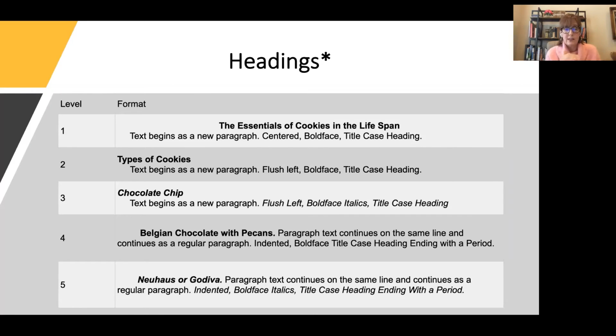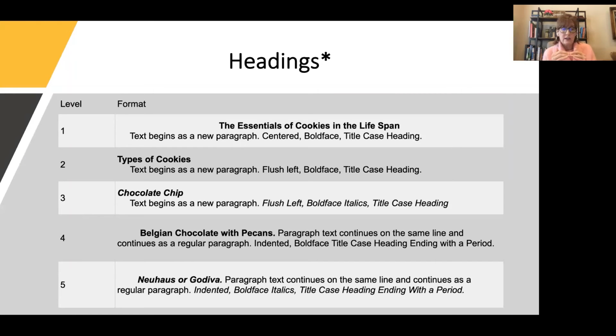A subsection of that would be chocolate chip. Perhaps he would also have in his paper sugar cookie or peanut butter cookie or oatmeal cookie, whatever. But within chocolate chip, he also has another subsection, which would be a level 4.